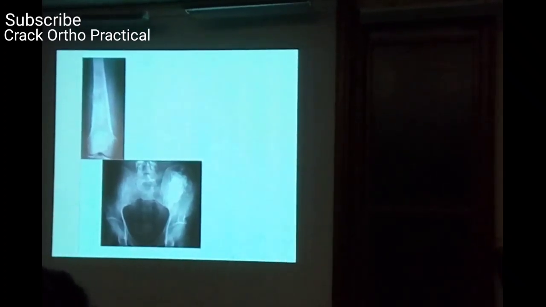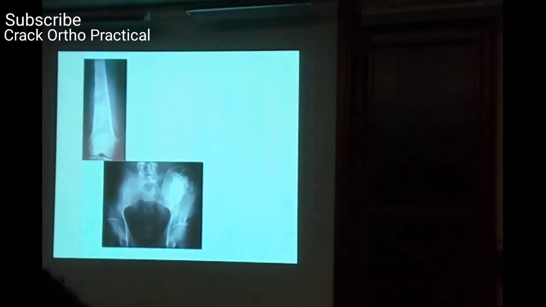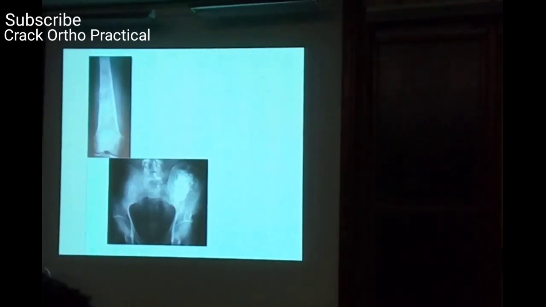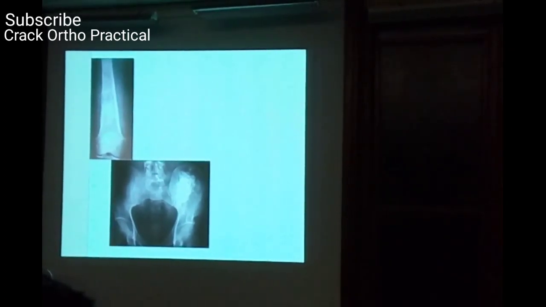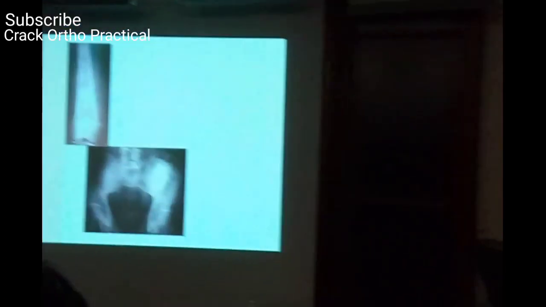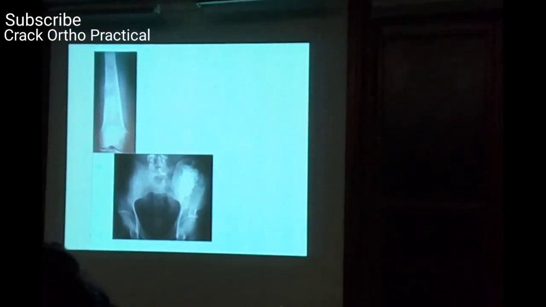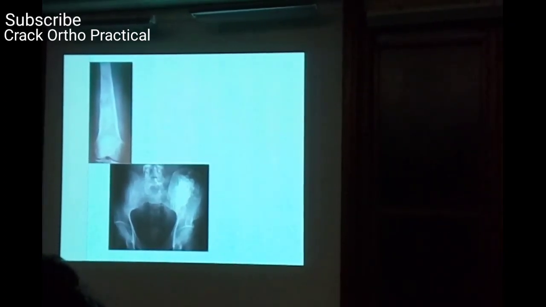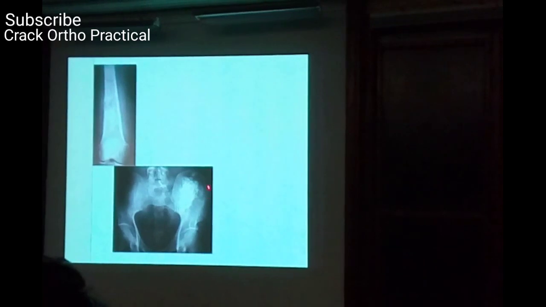Does everybody feel that it is ill-defined? Irregular. Any difference of opinion? Is it ill-defined or well-defined? Irregular kind of. Part of it is well-defined, part of it is not.